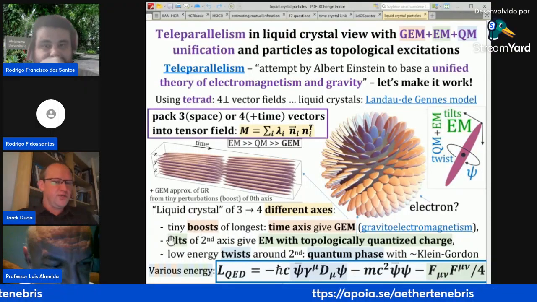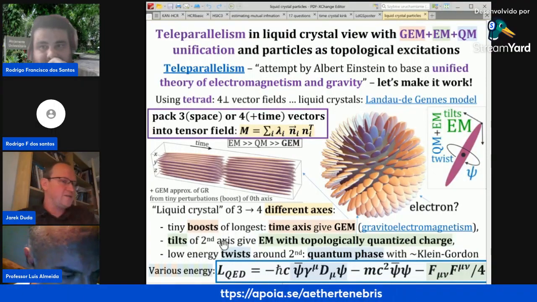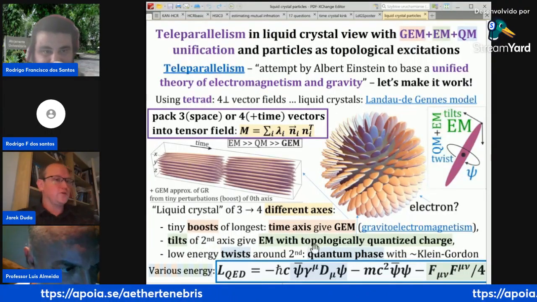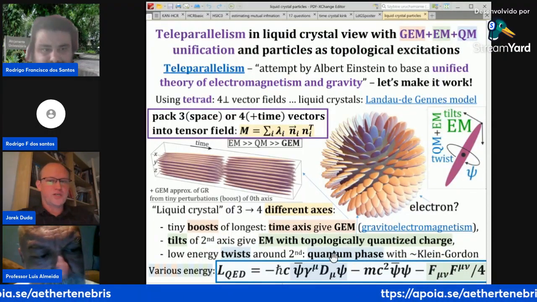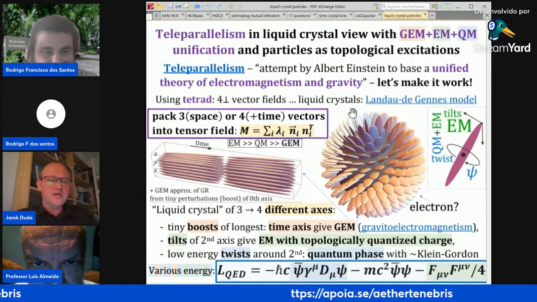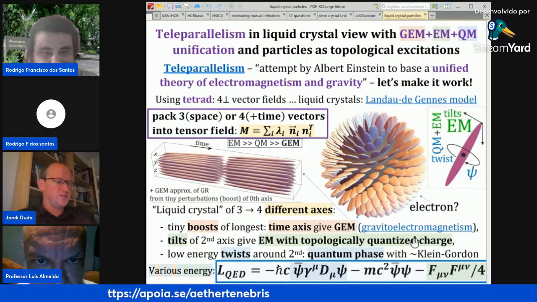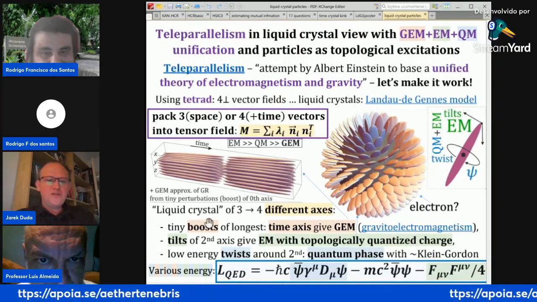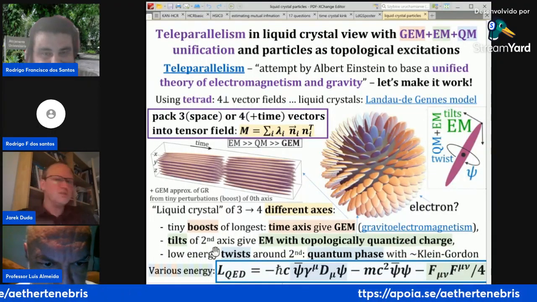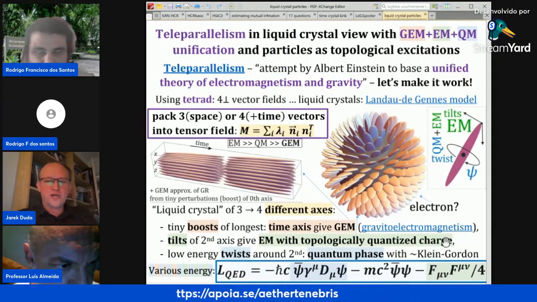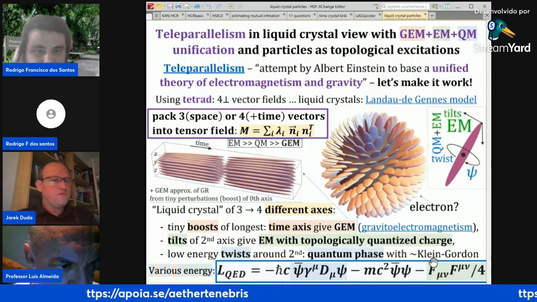Then we have these tilts as the second axis. These are in space, and they give quantized charges as topological, like this hedgehog, and we get Coulomb-like interaction for them. And finally there are also twists, very tiny energy dynamics governed by a Klein-Gordon-like equation, to unify all 3.